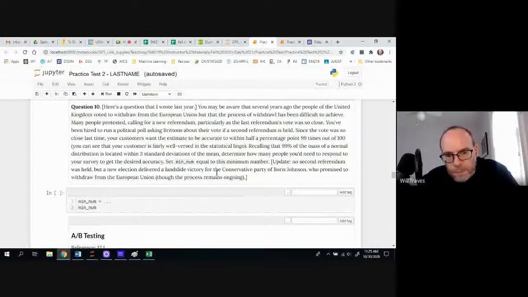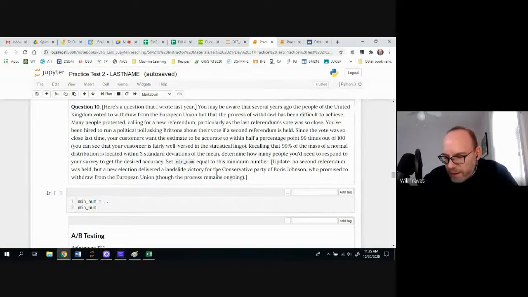So what we have to do is make sure that the confidence interval has total width twice 0.005, right? So the total width of the confidence interval should be 0.01, okay?